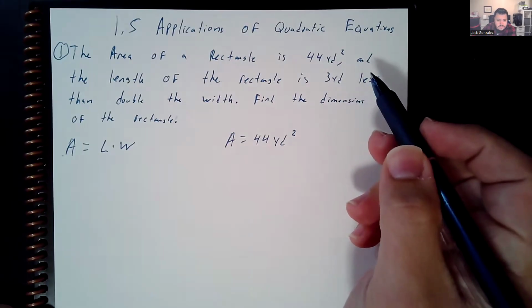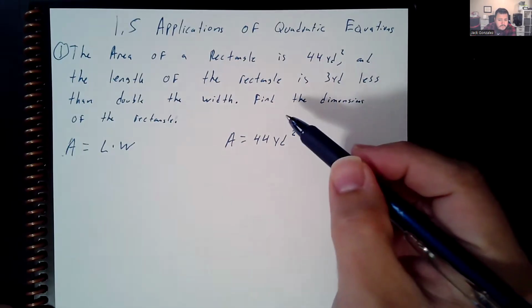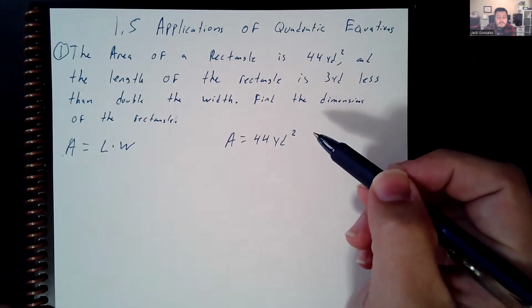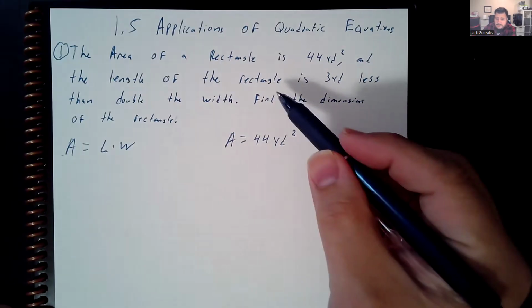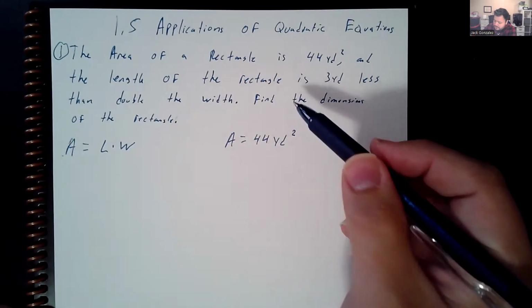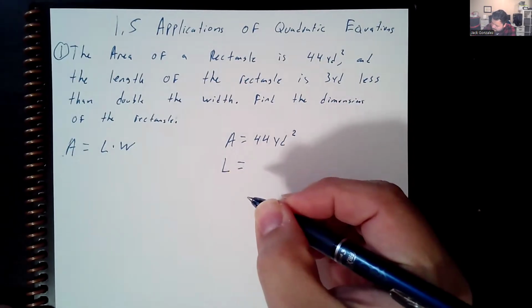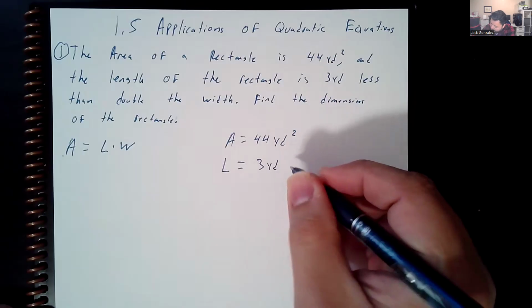Now they say the length of the rectangle is 3 yards less than double the width. I'm like, okay, that sounds super weird. But when I hear the word "is," that's an equals, right? Remember, word problem strategy. Length is 3 yards less than double the width.